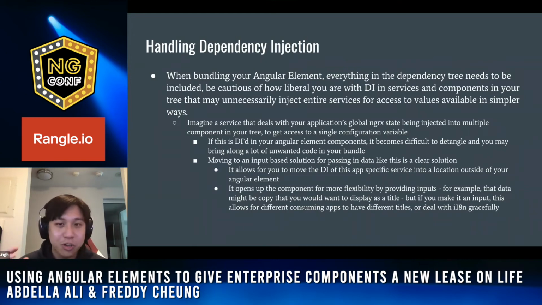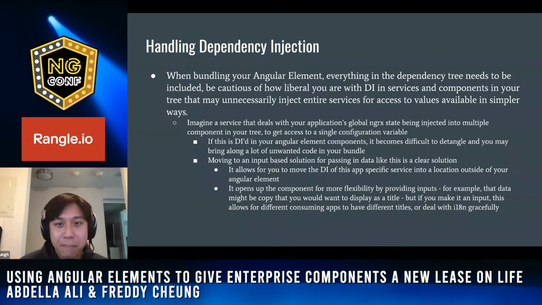What we showed earlier is a perfect example as well. Now let's imagine this being injected into multiple of our components, and that we're using this just to get one config value. If this is injected as a dependency into our Angular element component, it'll become very difficult to detangle. And additionally, it's going to bring a lot of extra code to our bundle, increasing, of course, the bundle size. So how can we solve this?